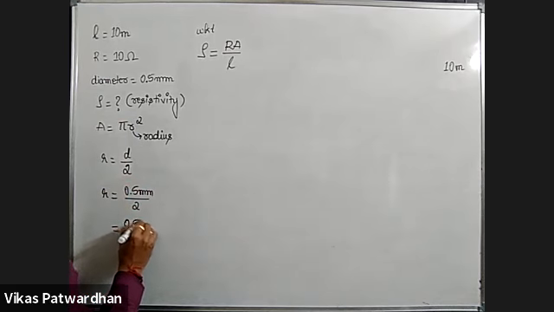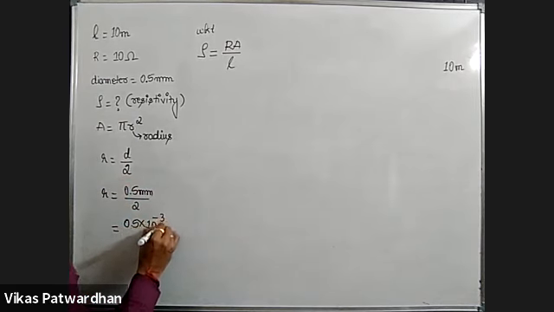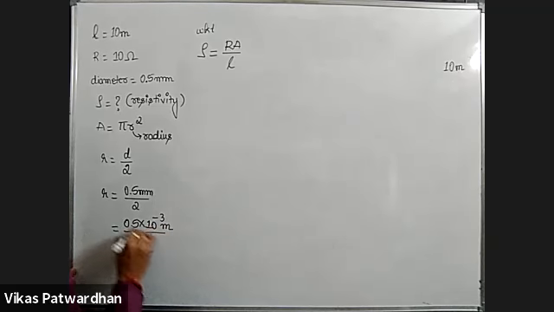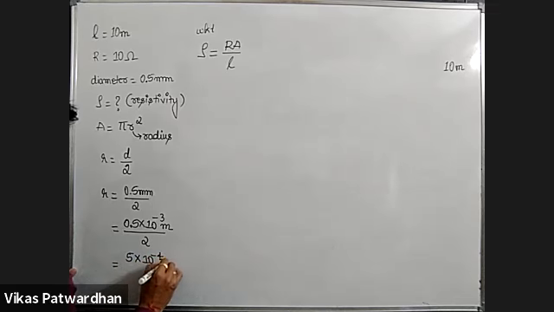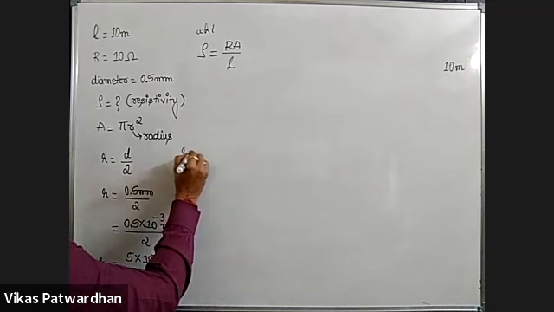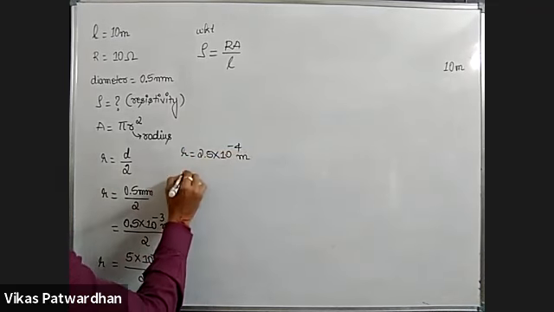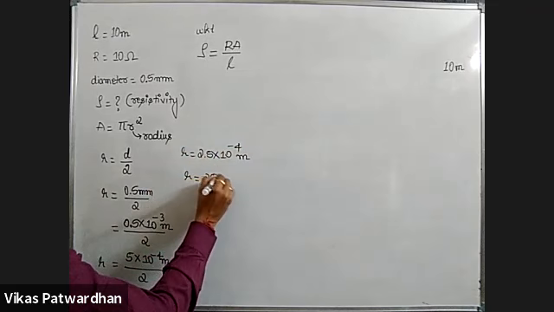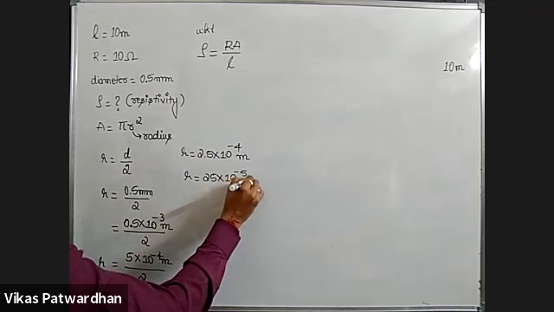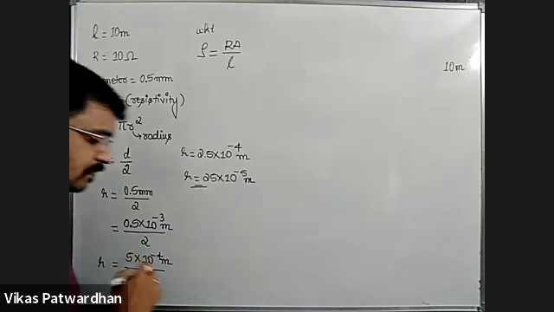So it is 0.5 into 10 to the power of minus 3 meters divided by 2. 0.5 into 10 to the power of minus 3 meter can be written as 5 into 10 to the power of minus 4 meter divided by 2, which is 2.5 into 10 to the power of minus 4 meters, or 25 into 10 to the power of minus 5 meter. This is the radius. Any doubts with this?